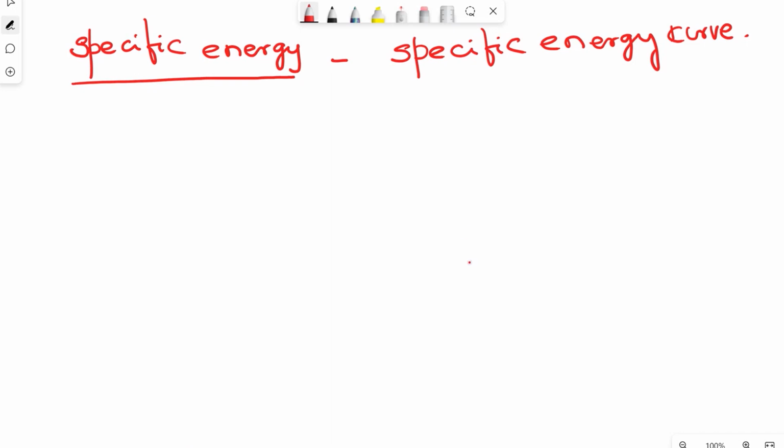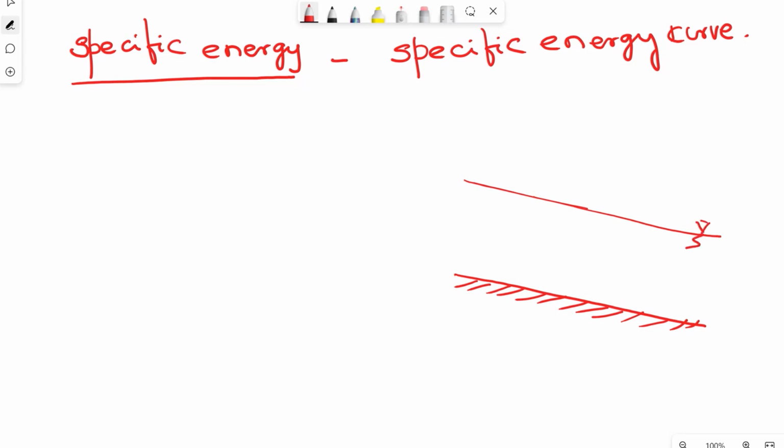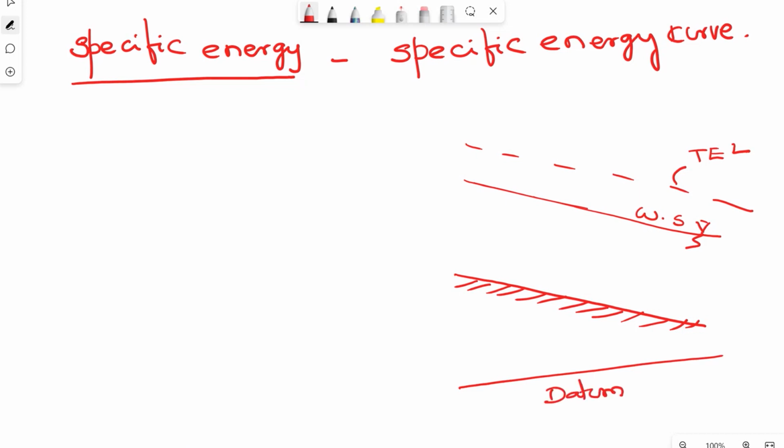Suppose I take this as the channel bottom. So this is the water surface, right? And this is the total energy line, right? And if I take a horizontal datum, this is the datum.